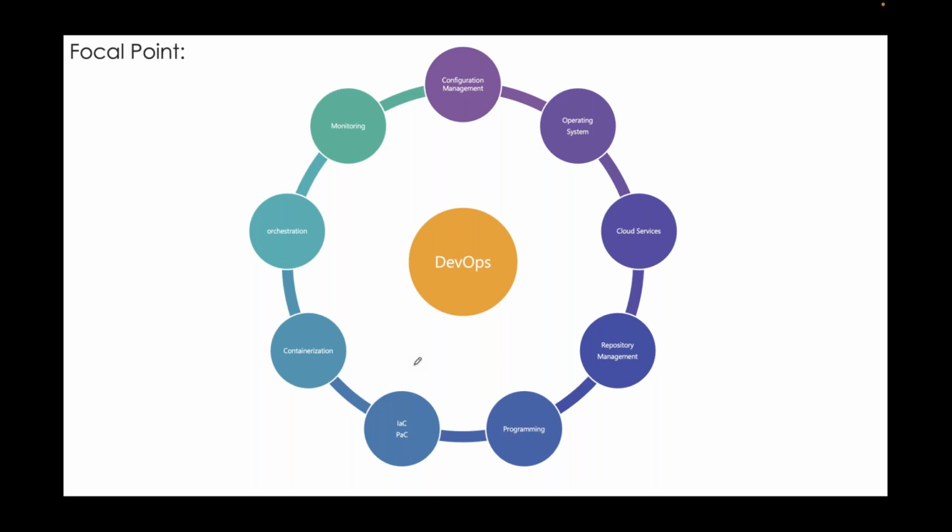So in this course, whatever domains you see right now, configuration management, containerization, orchestration, monitoring, we are covering each and every domain of DevOps. DevOps is not just CI/CD, guys.